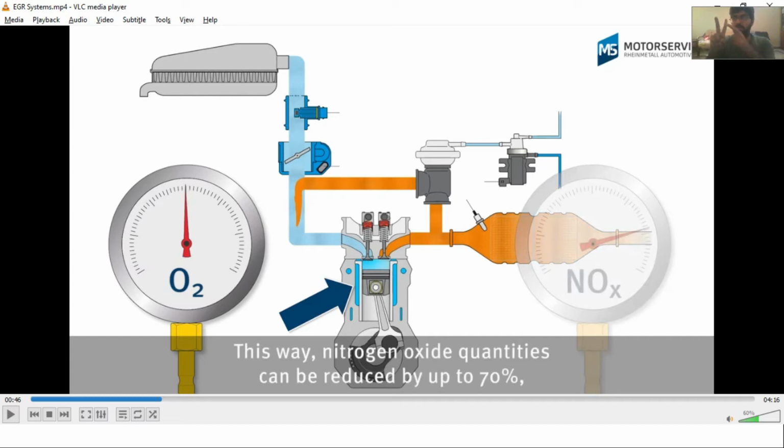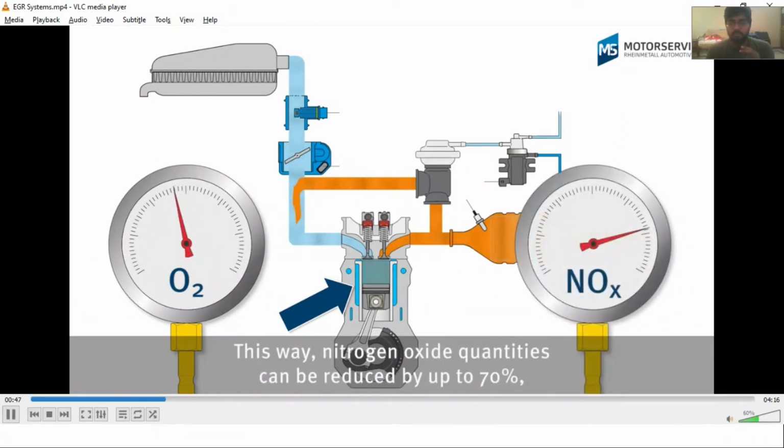As a result of incomplete combustion, hydrocarbon emissions have increased, but as a result of these lower flame temperatures, NOx emissions have been reduced considerably. This way, nitrogen oxide quantities can be reduced by up to 70%.